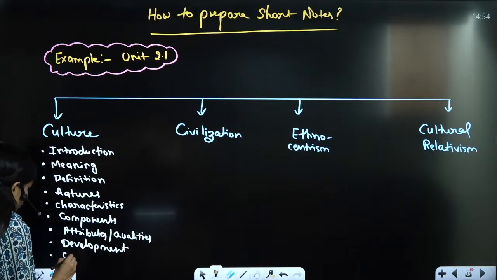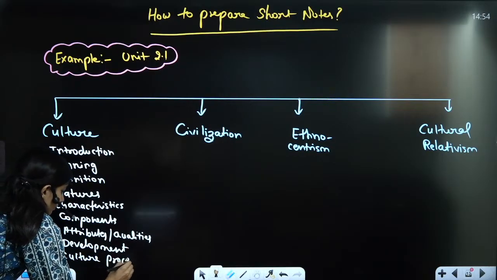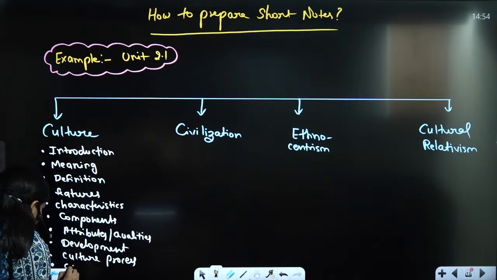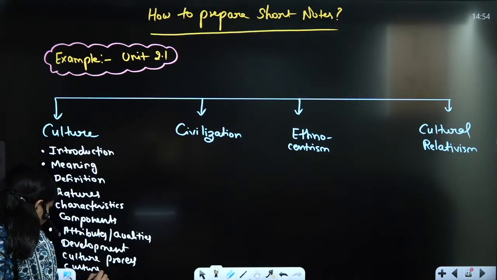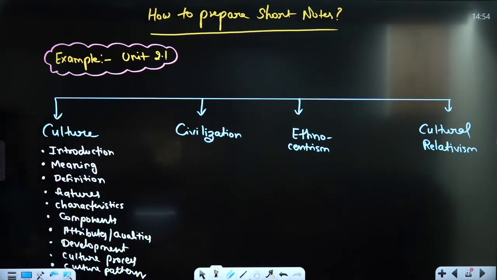Then, culture process. Then, culture pattern. These are the points that should be there in my notes. If I'm having something based upon this, fine. If not, again I have to show.